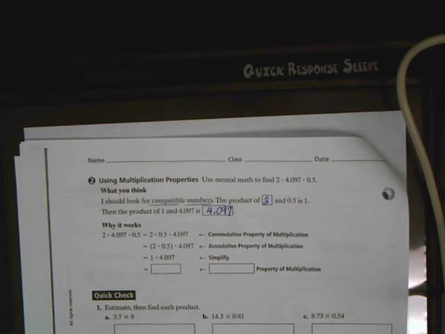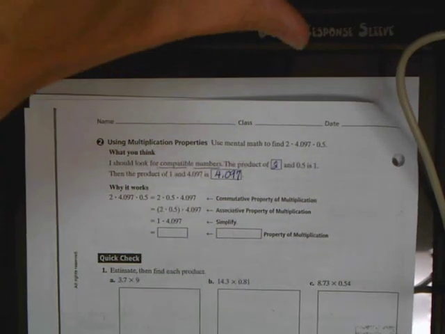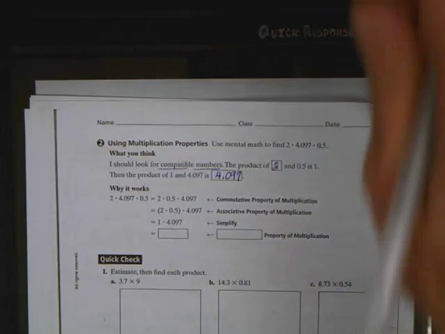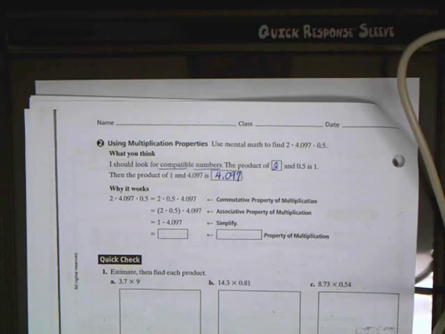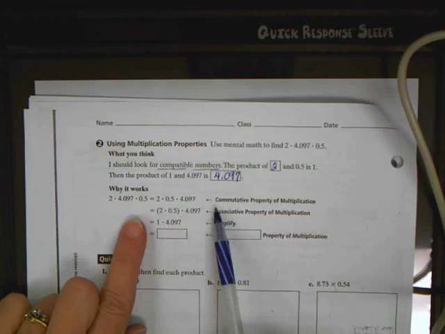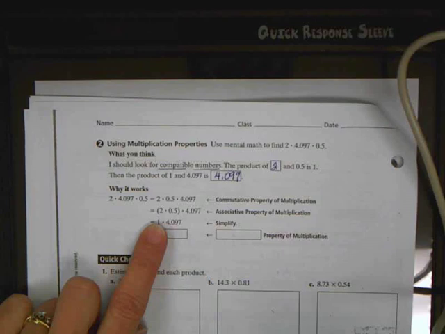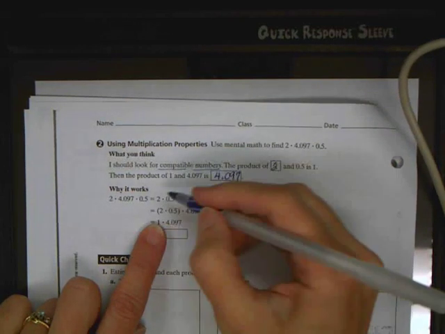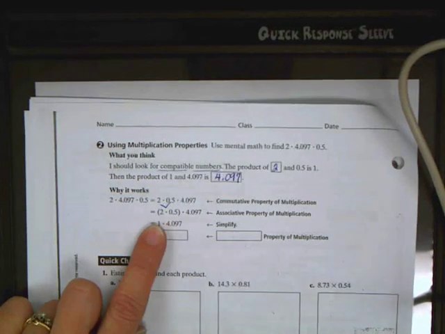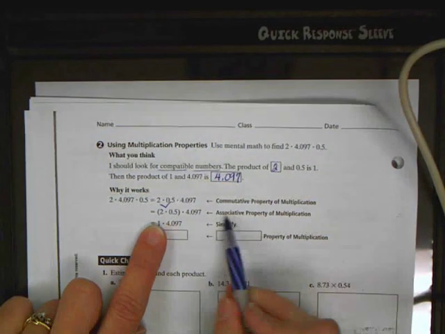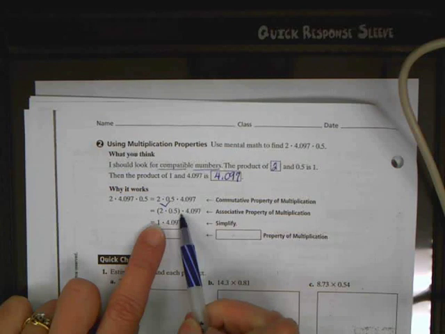Let's also look at why something like that would work. Okay, here we go. First of all, I can apply the commutative property of multiplication. Oftentimes we do this automatically without thinking I'm applying the commutative property, which doesn't make it wrong. It just means we actually have a name for that. So I move them together and then associating them, putting them together, so I'm going to do them first, all right?